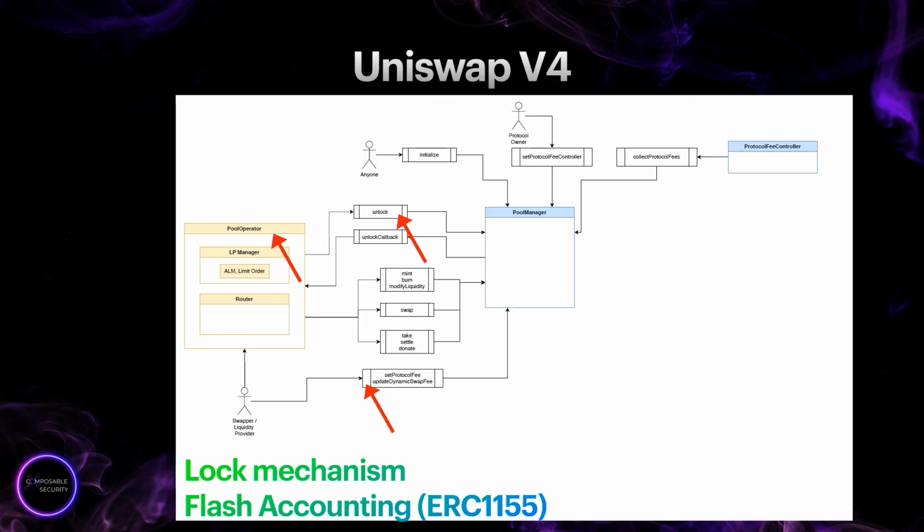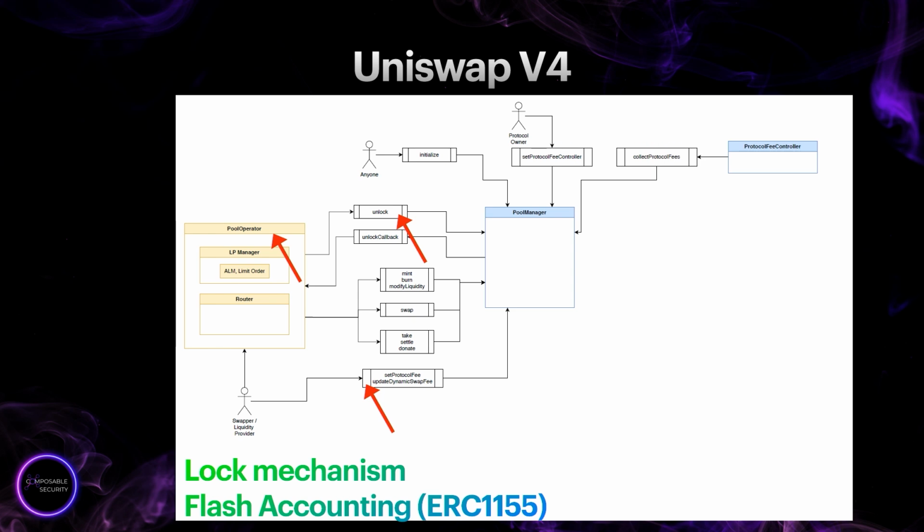Then you have this lock mechanism. It's a bit similar to the callback mechanism, but there are some differences. The first difference is that you still need a helper contract. We call it a pool operator. We don't call it a router. We don't call it a liquidity manager, and I'll show you why in a second.